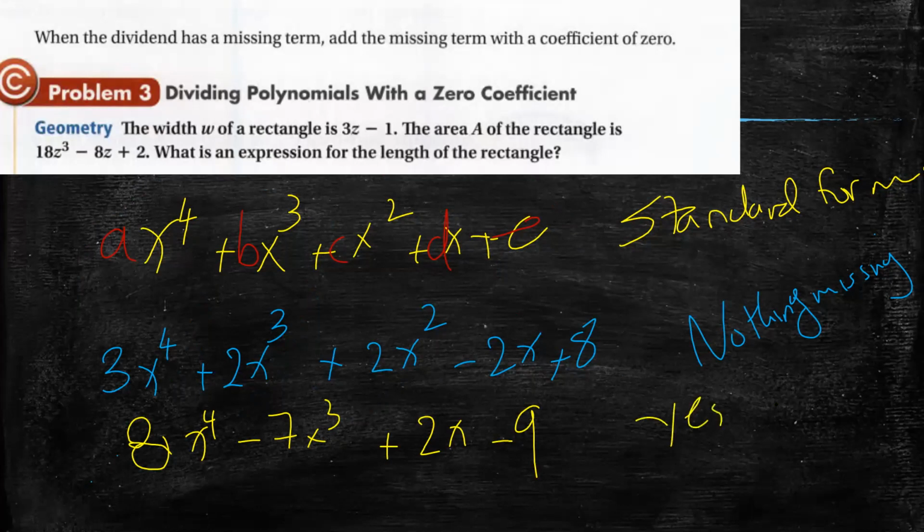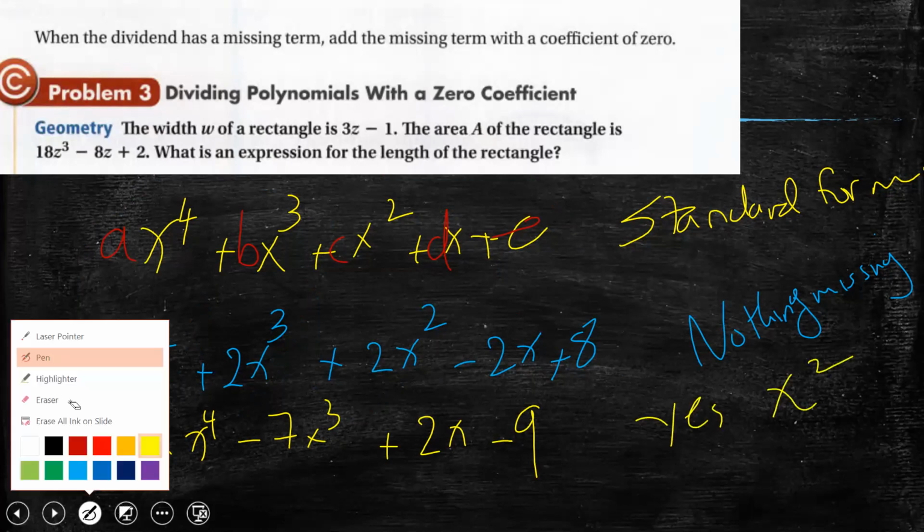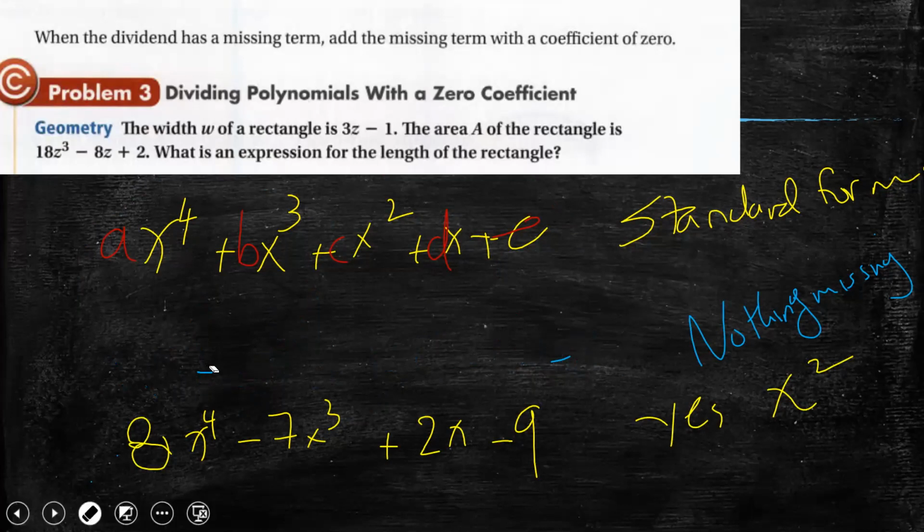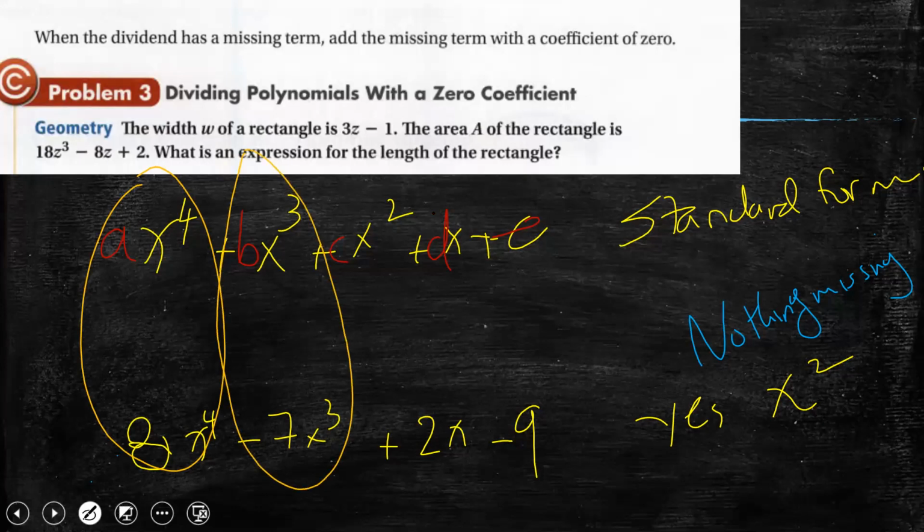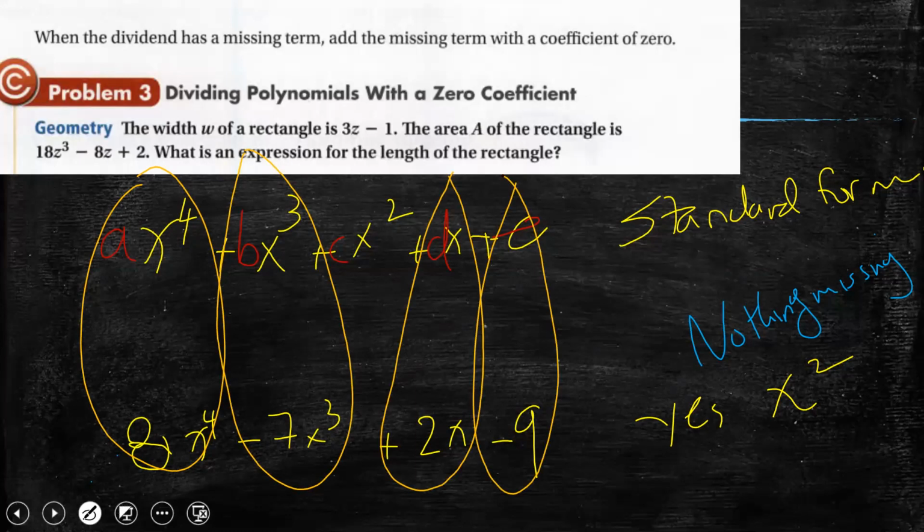Yes, x squared. Bravo. X squared is not written because, as you see here, let's replace this one here now. It's written, it's written, it's written, and it's written, but x squared is not written. So yes, we say that there's a missing term.